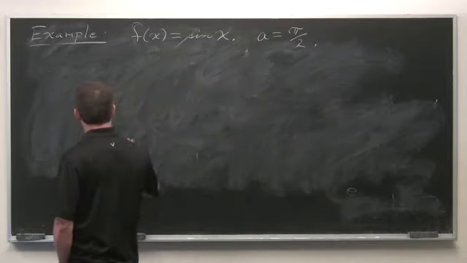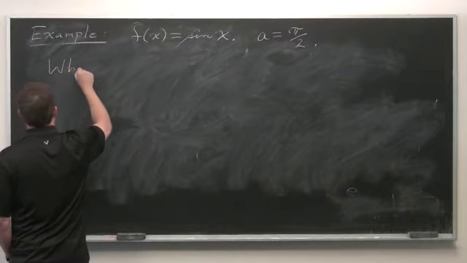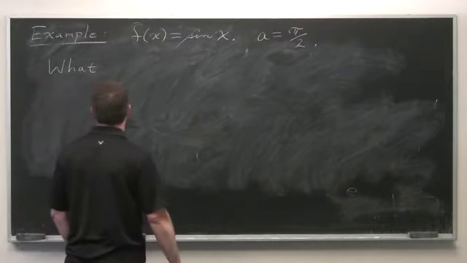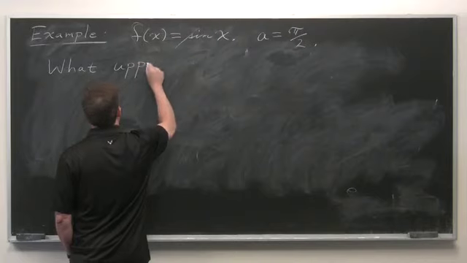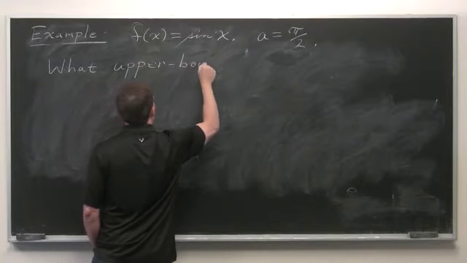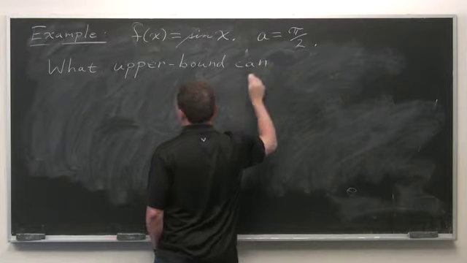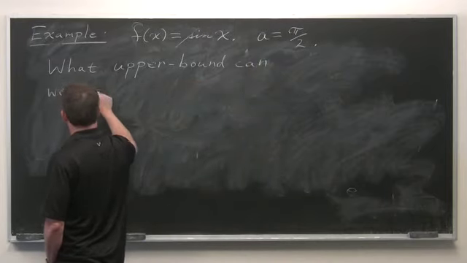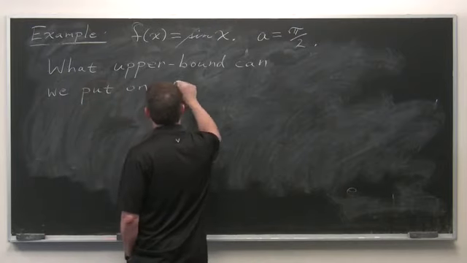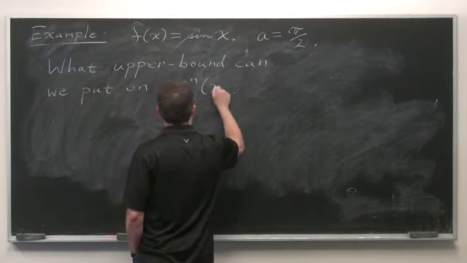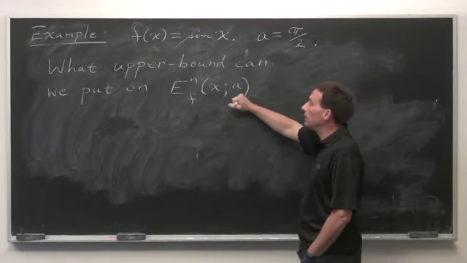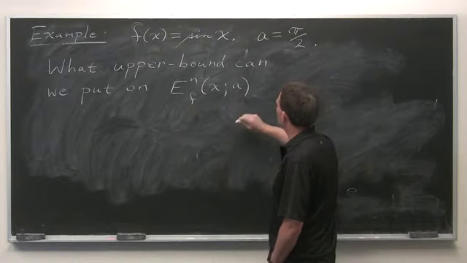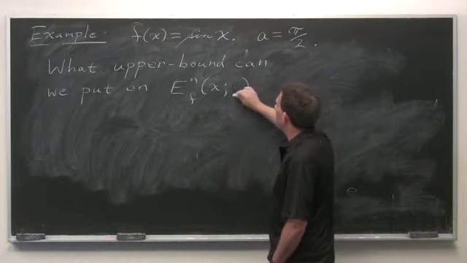What upper bound can we put on the nth order error term? A is pi over 2 for us, but we don't know any of those other things.